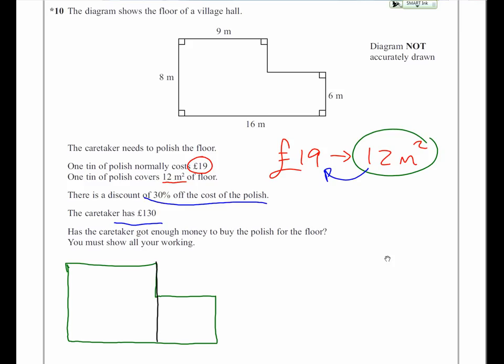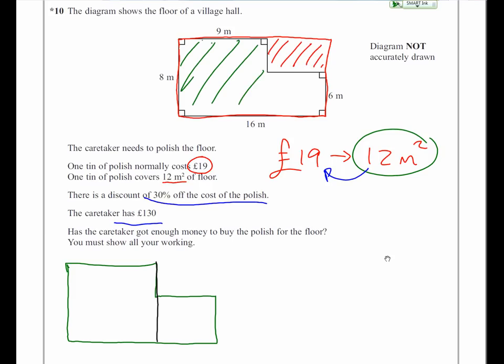I do that quite a lot, so I'm going to show you a different approach just to give you some options. Check this out. Imagine that big area. We're going to find that big rectangle and then take away this smaller rectangle, and that will leave us with the floor area. Okay, so that's our strategy.